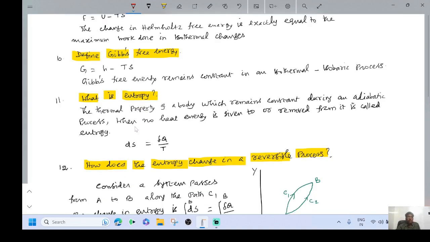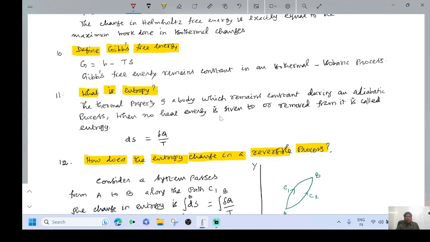What is entropy? The thermal property of a body which remains constant during an adiabatic process, when no heat energy is given to or removed from it, is called entropy. So in an isothermal process, temperature is constant.